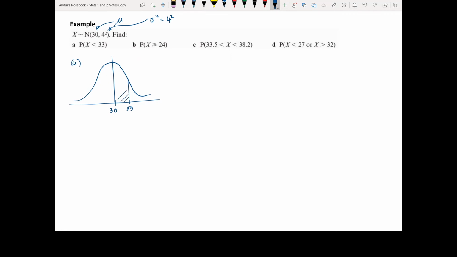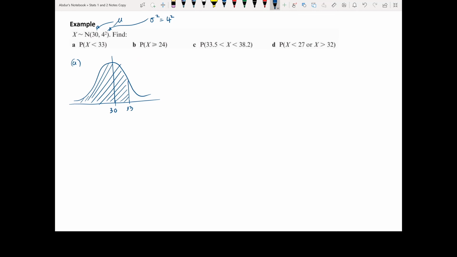So remember, the area under the bell curve represents the probability. The total area is 1. So this is what we need to work out. We need to work out this area. Now the normal CD function on our calculator, the normal cumulative distribution function, does work out all the areas from the lower tail up to and including this value here.